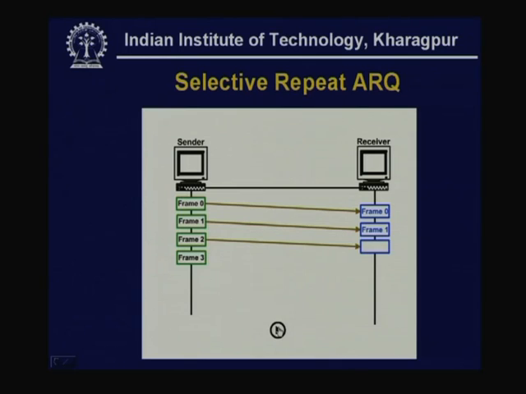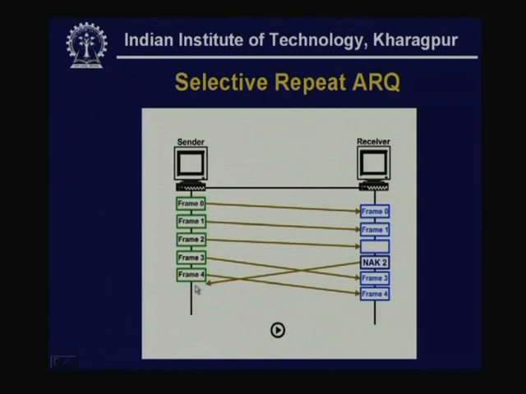So, obviously the receiver will send a negative acknowledgement, although the transmitter will keep on sending subsequent frames. We see that the negative acknowledgement is now reaching the sender. So, frame 2 has to be retransmitted by the sender, and before that already frame 3 and frame 4 have been sent.